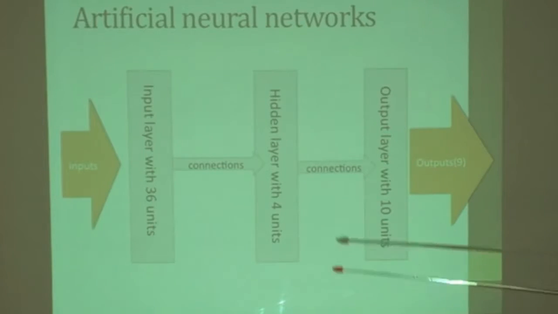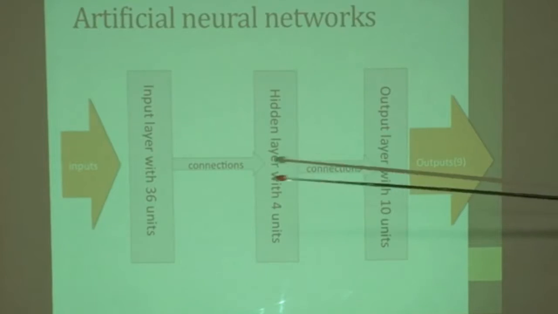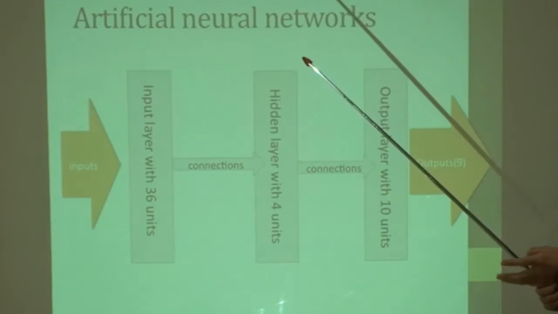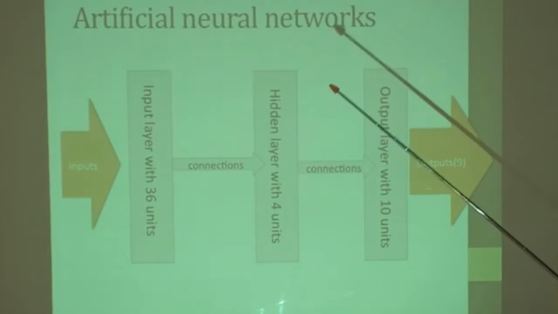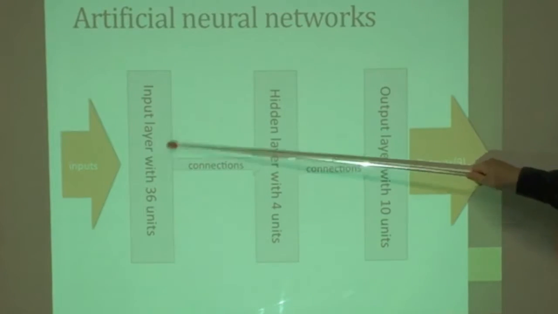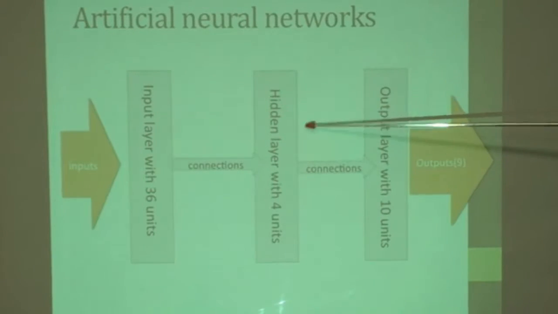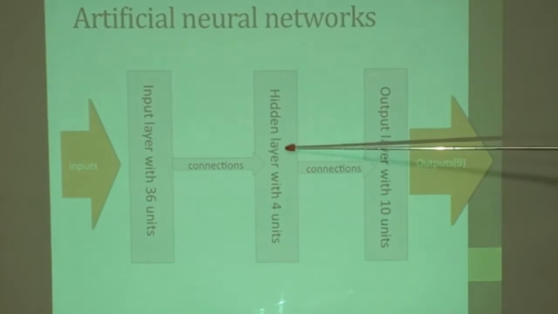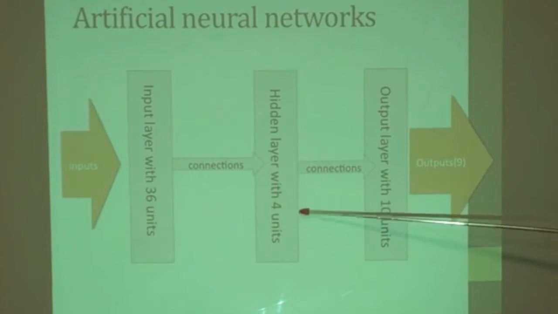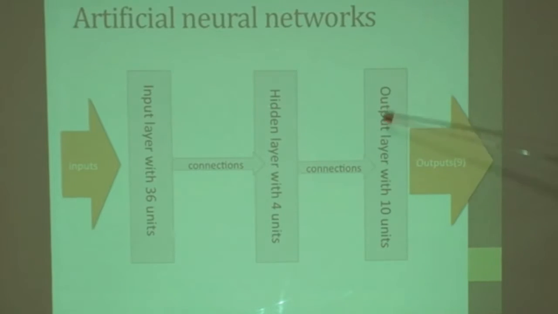And the artificial neural network would be like this. First of all, because we have 36 units in the input panel, we have an input layer with 36 units, and this is connected with the hidden layer with 4 units, and this hidden layer will be connected with the output layer with 10 units.